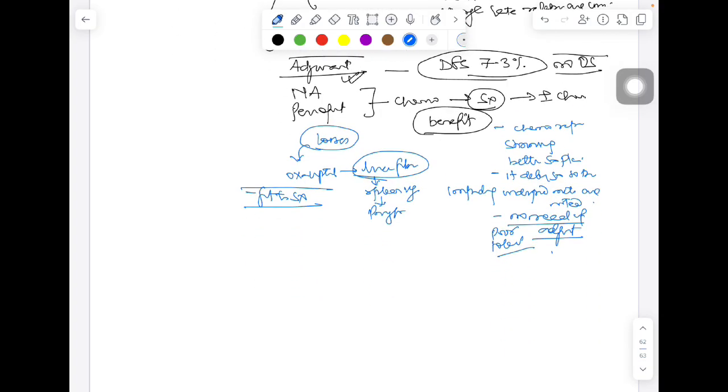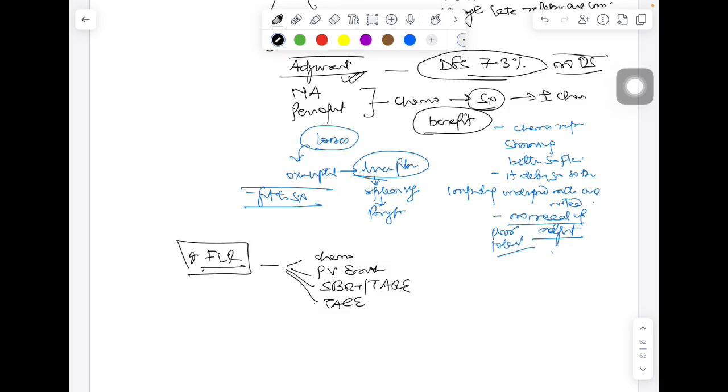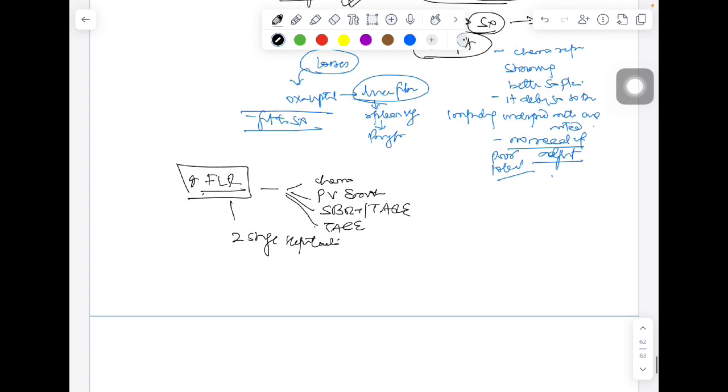Now when we are planning to do the surgery, again like we discussed, we have to increase the FLR by all these things, either chemo, portal vein embolization, SBRT, or TARE, or TACE. So you do this, increase the FLR, then go for surgery, or do the two-stage hepatectomy, which is also going to increase it.